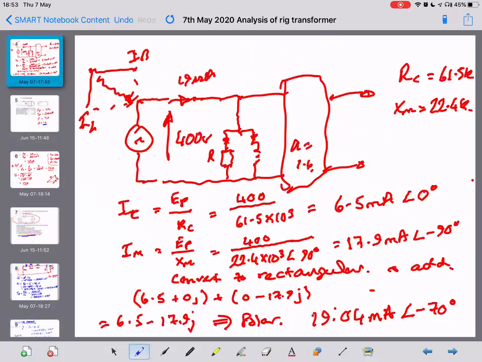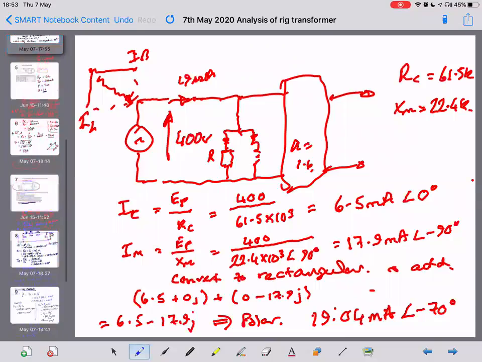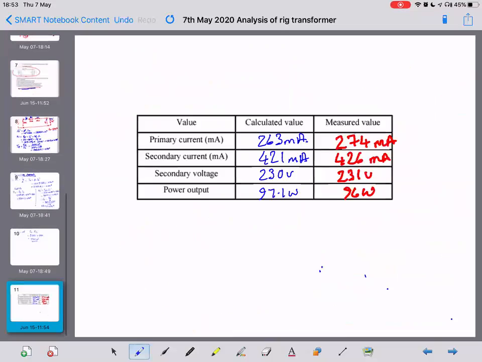The power factor when it's on load is pretty good. You've only got an angle in that impedance triangle of 4.34 degrees. It's not wasting too much. It's not causing too much problem with power factor, this transformer. Okay? You're all happy with that?